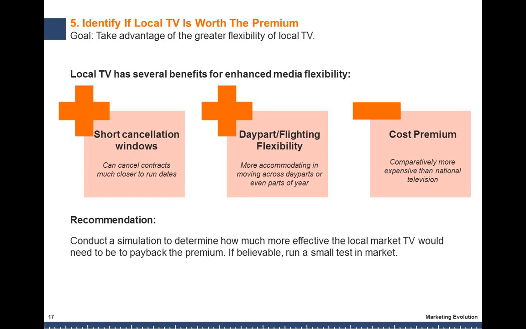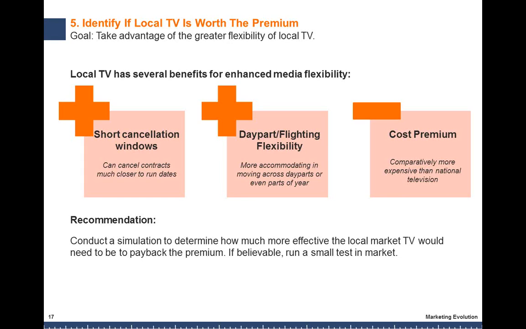So where are the places on top of your national television that might be worth supplementing with an incremental buy, understanding what are those market rates, and then working through the exercise of how much more effective would that local market TV have to be for it to be worth putting into our plan.